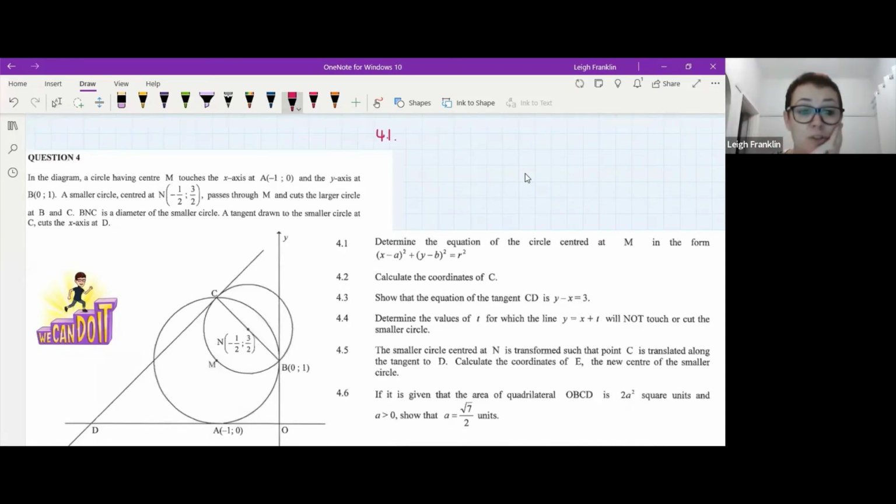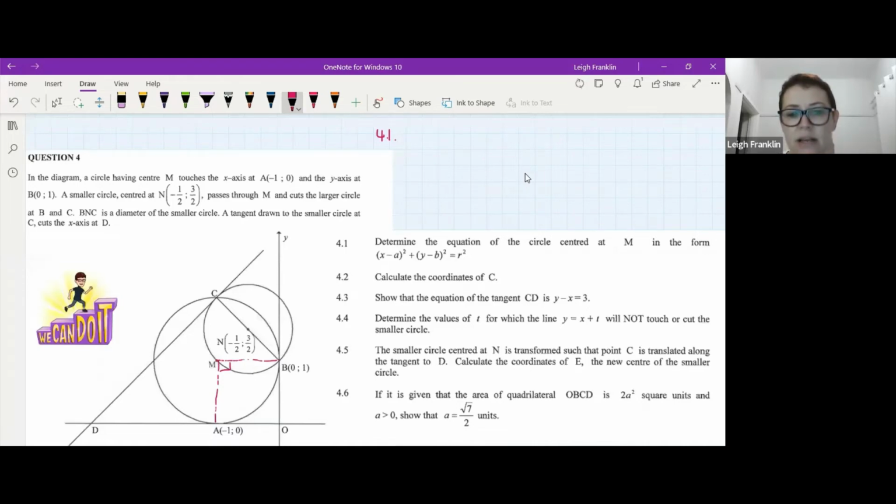Remember, M is the center of the circle, right? So the distance that M is from the y-axis would be the same as the x-coordinate at A, wouldn't it?